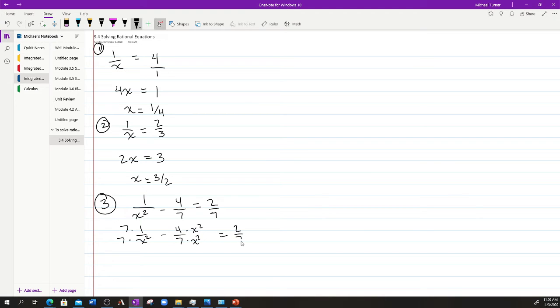And don't forget our 2 over 7 on the end there. So that would give me 7 minus 4x squared in the numerator, and in the denominator I would have 7x squared as a single fraction. So one way to solve this would be to leave it as so and cross multiply. Up to you from this point what you want to do.